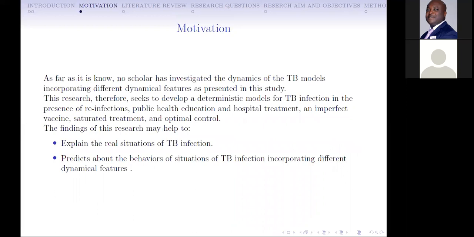Our motivation: as far as it is known, no scholar has investigated the dynamics of a TB model incorporating different dynamical features as presented in this study.